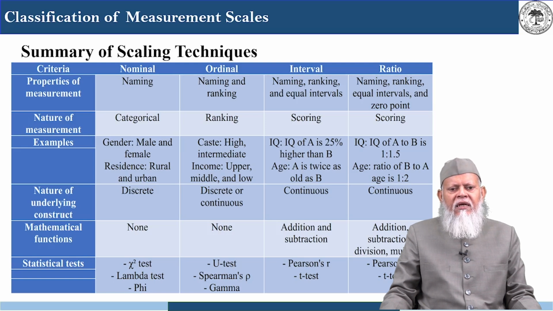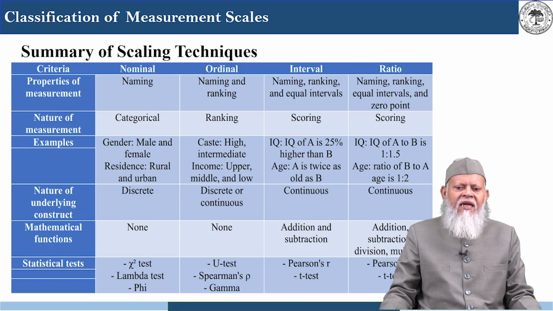For example, in the nominal scale, when we measure gender, we can say male and female. Residence, rural or urban. In the ordinal scale, we measure caste, high, intermediate castes. Income, upper income class, middle income class, low income class.